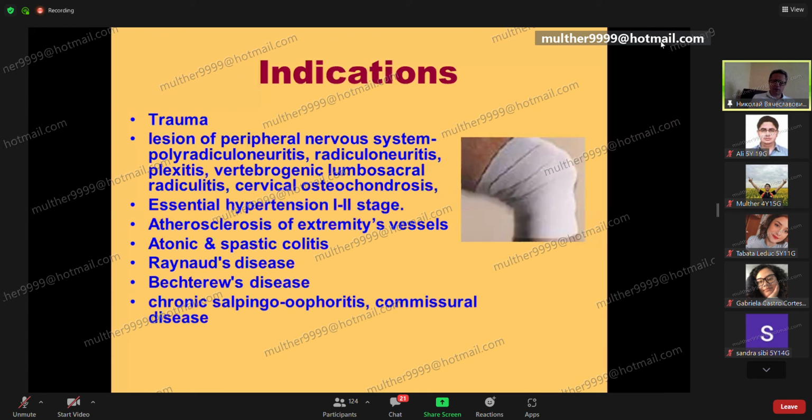Atonic or spastic colitis we can correct by this current. Raynaud's disease and Bechterew's disease, ankylosing spondyloarthritis. And sometimes there is effective application in gynecological practice. Note your attention, especially for women with chronic salpingo-oophoritis and commissural diseases in the fallopian tubes.